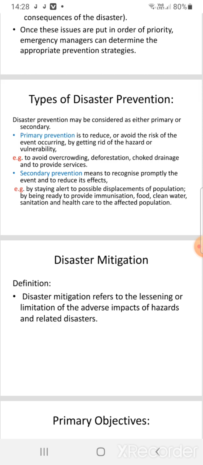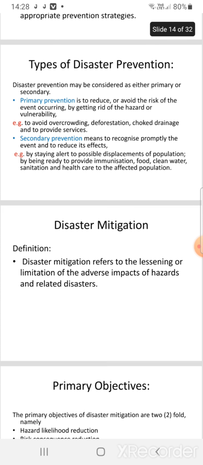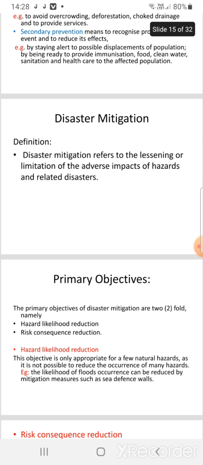Now, disaster mitigation refers to the lessening or limitation of the adverse impacts of hazards and related disasters. That is, it lessens or limits the adverse impacts of the hazard and related disasters.